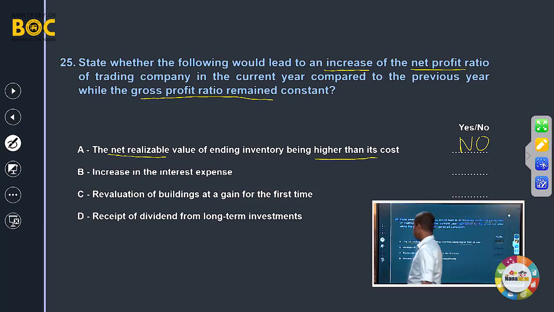The next question is whether the increase in interest expense would lead to an increase.